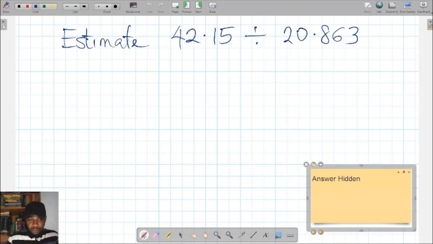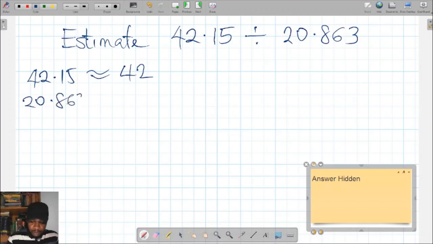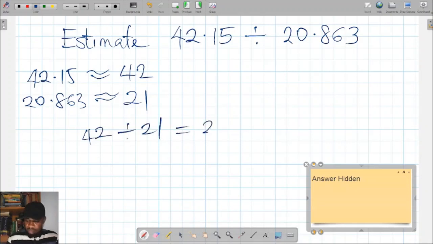It's between 42 and 43, and it is closer to 42. So 42.15 is approximately equal to 42. 20.863 is between 20 and 21, and it is closer to 21. So instead of doing all this, I will just do 42 divided by 21, and that actually just gives me 2.